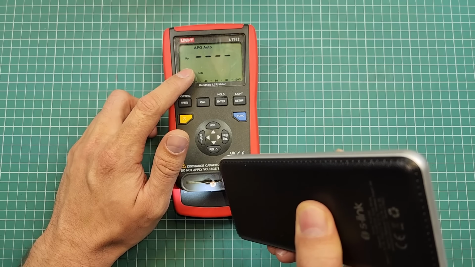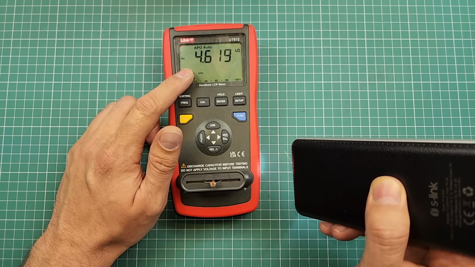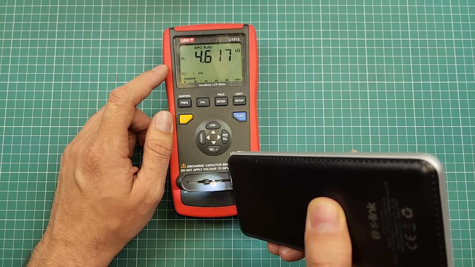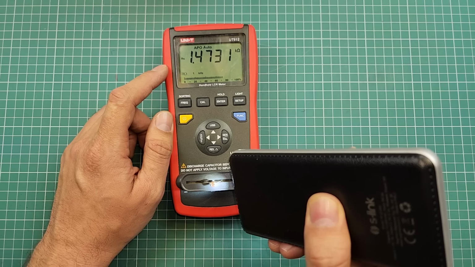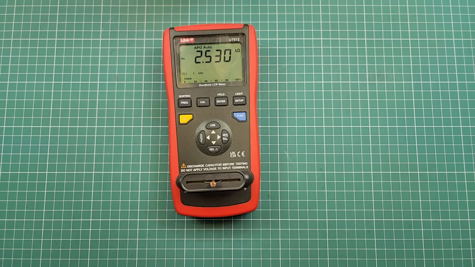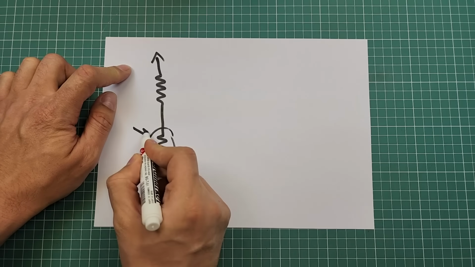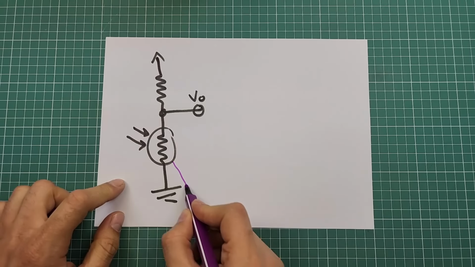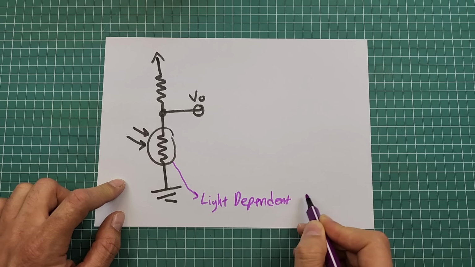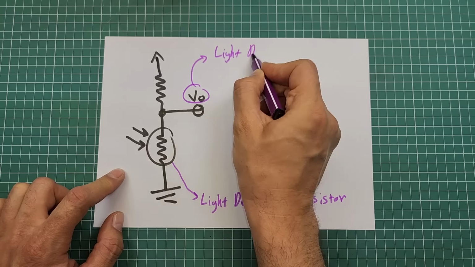As you can see, by increasing the illumination level in the environment, its resistance decreases, and by decreasing the illumination level, its resistance increases. By putting another resistor in series with the LDR, you can make a light-dependent voltage. Then you can use this variable voltage as input to the system.